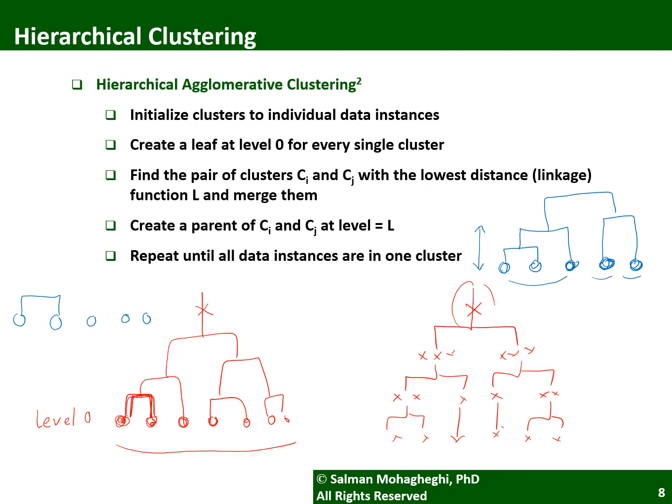So let's say these two guys are the closest. The next closest would be these two guys. And then let's say the next closest pairs would be this cluster and this cluster, which is like this. And then I will combine these together, right? This would be a correct approach too.